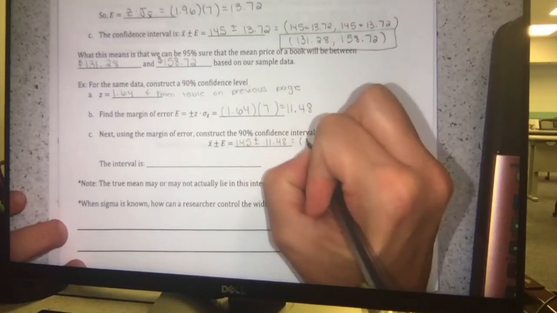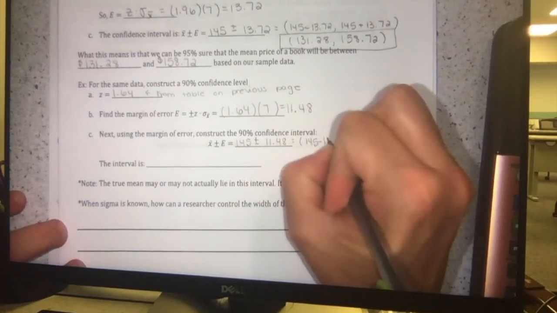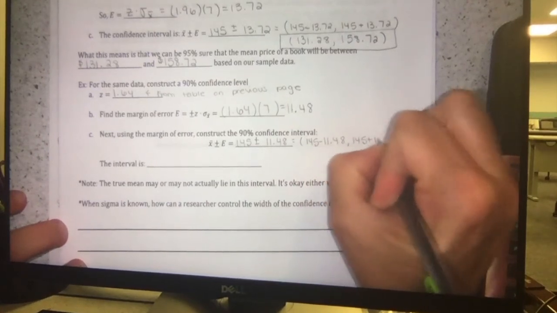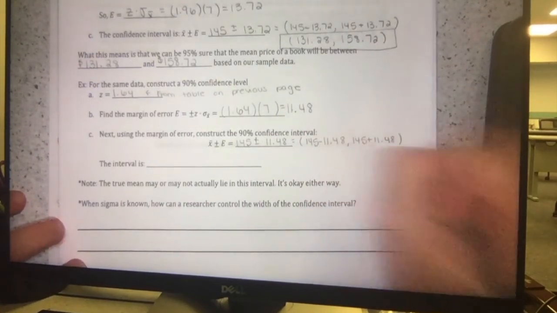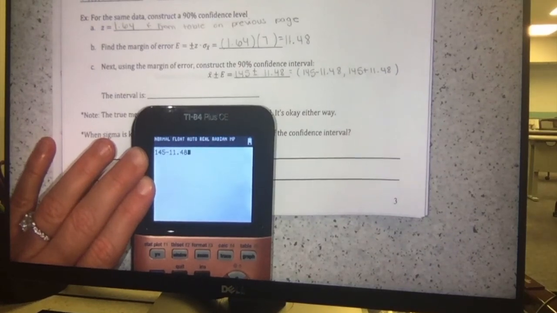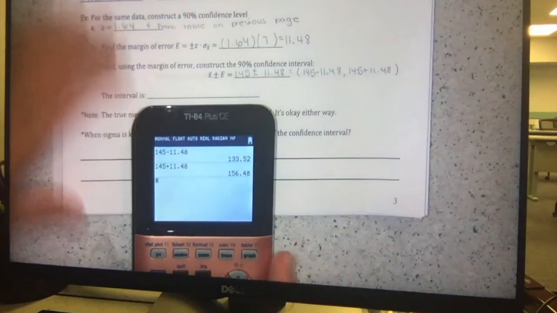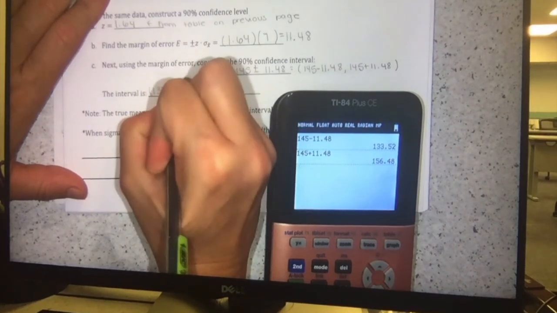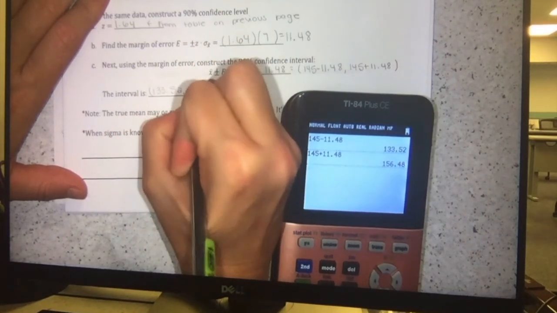So that will give us 145 minus 11.48, comma 145 plus 11.48. And that will give us this interval from 133.52 to 156.48.